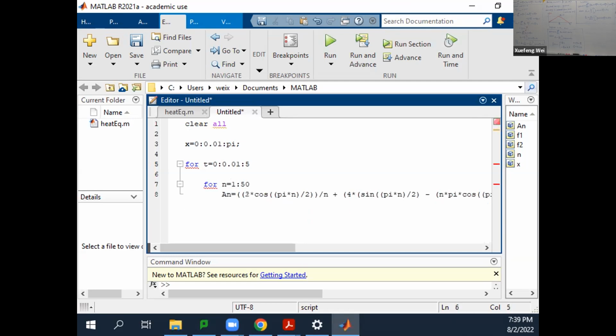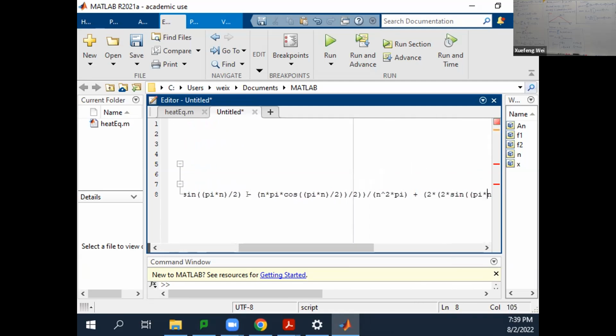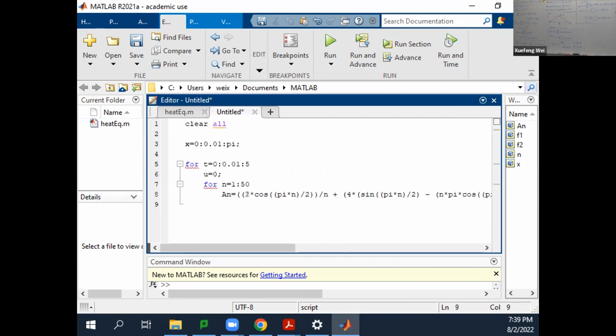And then position U, start with 0, for example. And AN is this. What is the B? Then the summation is a for loop, AN cosine NX.